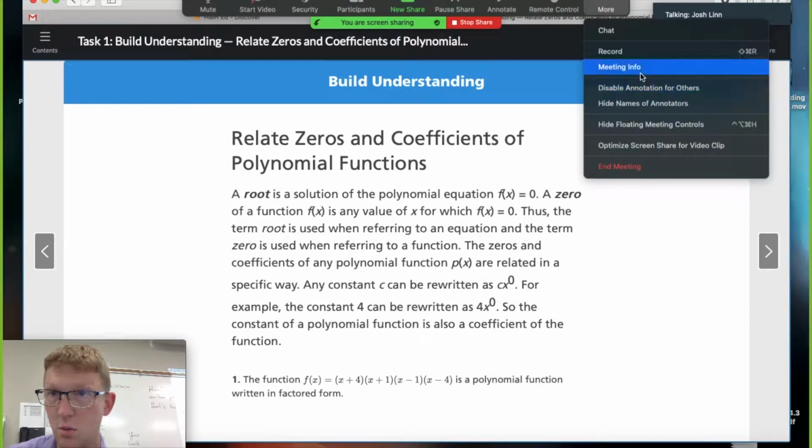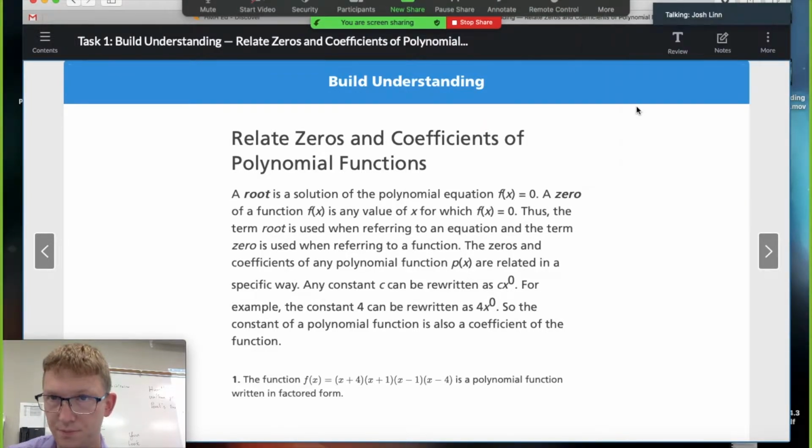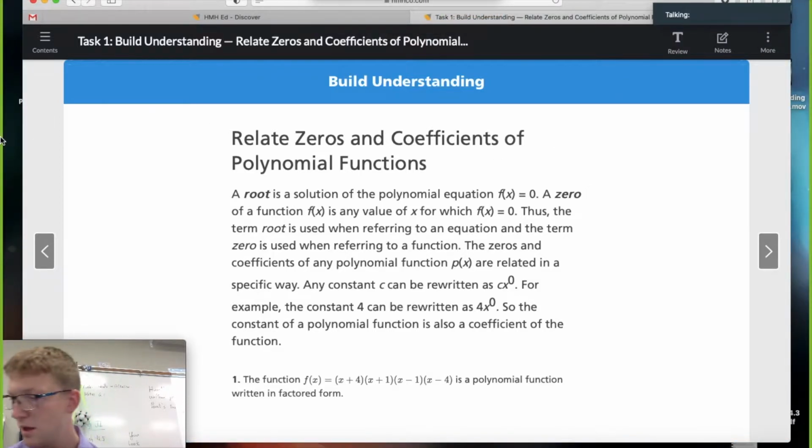So what that means is we've got the zeros and we've got the roots. Roots are generally talking about things like this. Roots are generally equations, whereas a zero is a number.